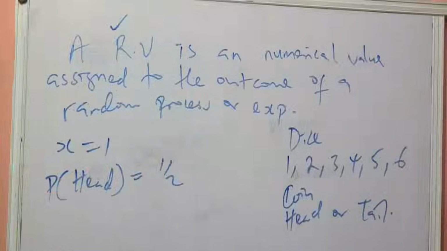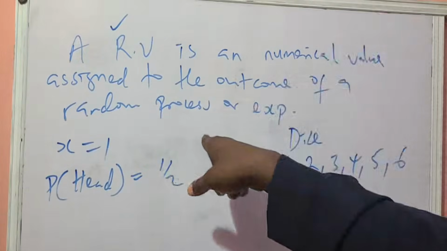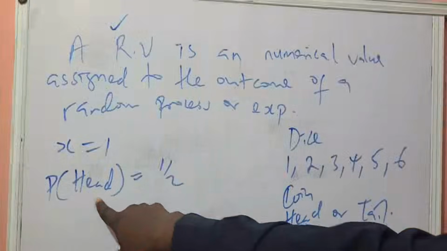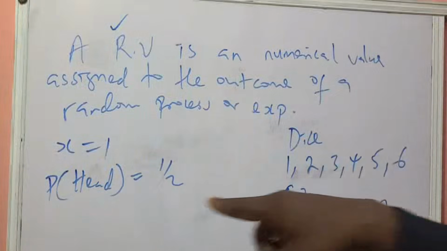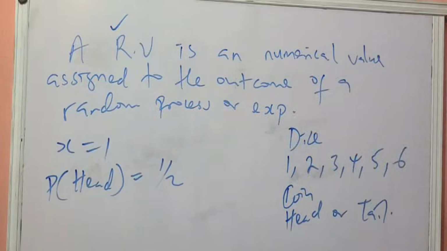Let me explain that to you. We're going to be assigning a numerical value to the outcome of a random process. Now, head is one of the outcomes of this random process of tossing a coin. Of course, tail is also an outcome.